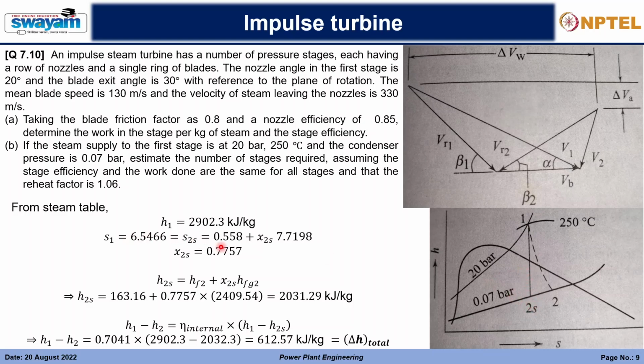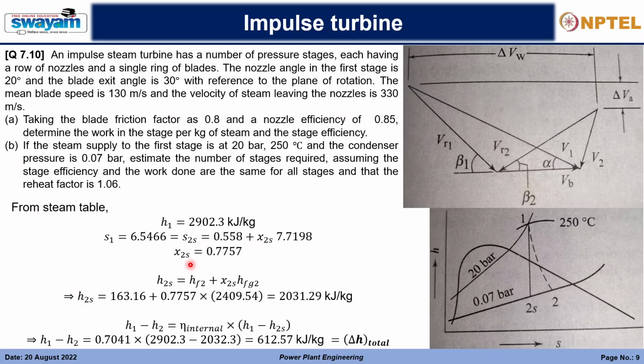The 2s will be given by the dryness fraction. While considering the dryness fraction, we will get this particular value. So this is the sf at 0.07 bar, and this is the sfg at the same. Accordingly, we will get the dryness fraction. We have already calculated this in the Rankine cycle, I hope you remember.